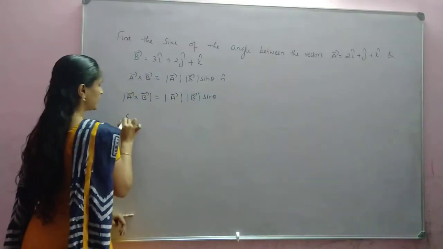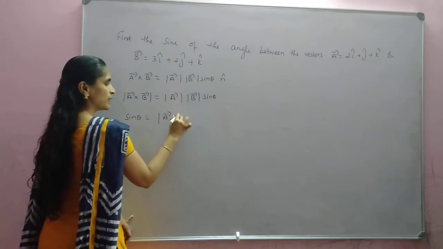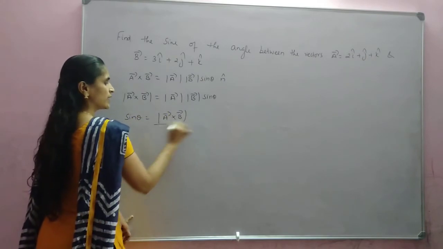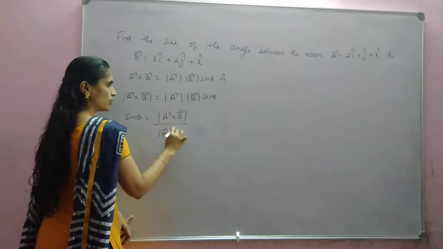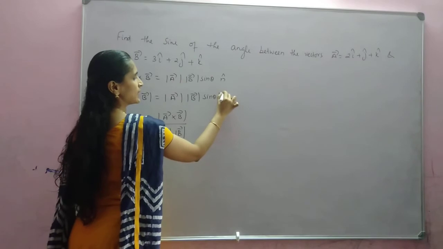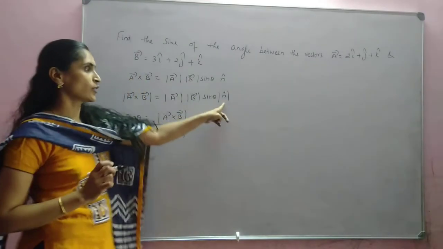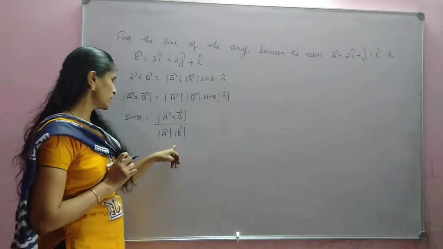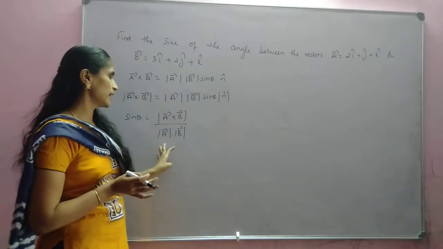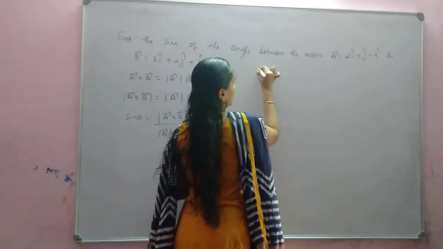So we can write sine theta is equal to modulus of A cross B divided by modulus of A into modulus of B. So first of all we have to find A cross B.